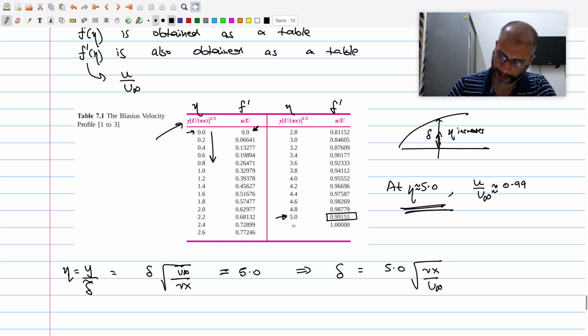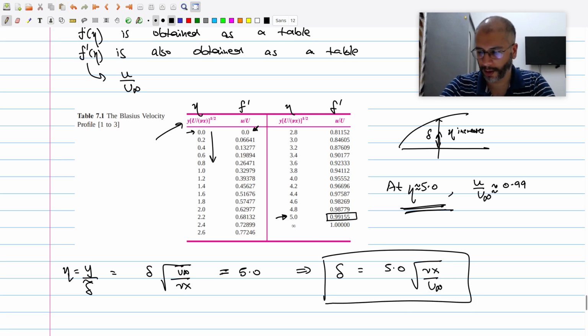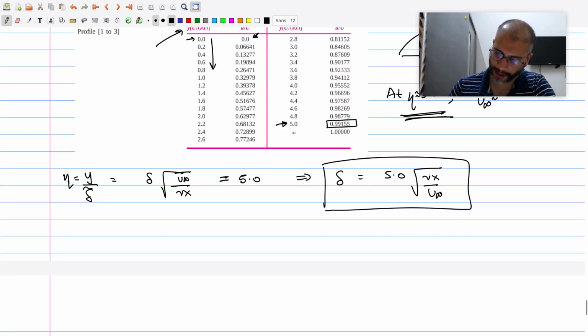So the boundary layer thickness is 5.0 times square root nu x upon u infinity. Or you can also write that in terms of the Reynolds number. So I can divide both sides by x. So this becomes 5.0, and then on the right we have square root nu upon u infinity x, which is nothing but 5.0 upon square root Re x.